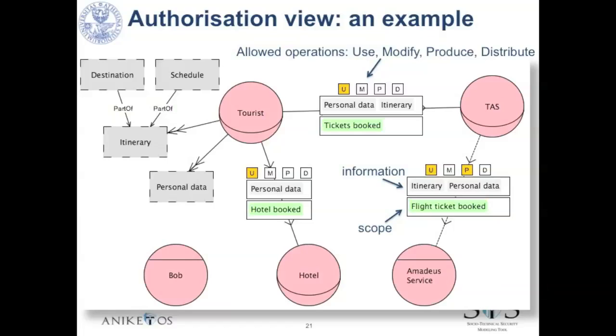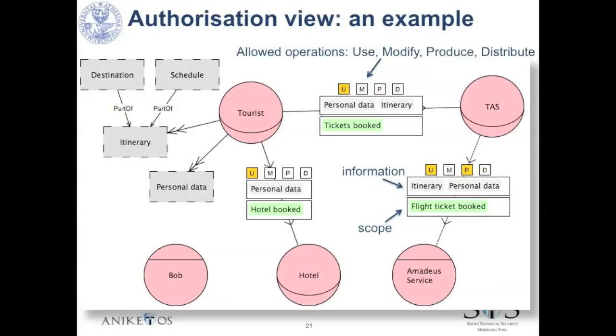And the third slot refers to the scope. So here we specify the goals for which one is authorized to manipulate those informations. So the actual authorization taking place here is that the tourist is authorizing TAS to use his personal data and itinerary to achieve tickets booked.